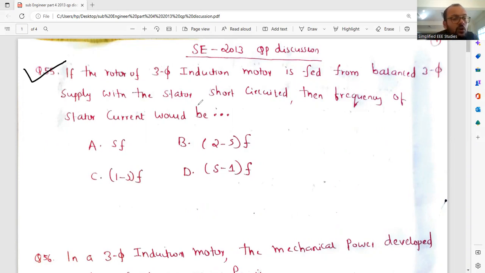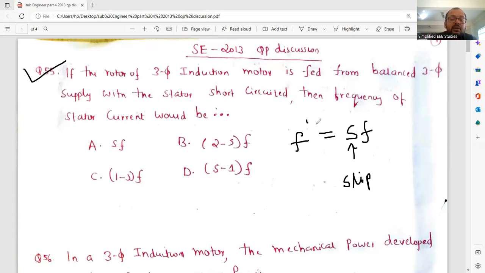So it's basically based on Faraday's law of electromagnetic induction. But the question is, if instead of supplying the stator, the rotor is fed with the three-phase supply, what could be the frequency of the stator current? Remember the general equation of the rotor: f' = s × f. What is s? s is the slip, the difference between the synchronous speed and the actual speed relative to the synchronous speed: (Ns − N)/Ns. f is the supply frequency.